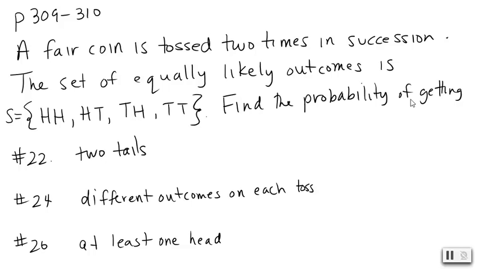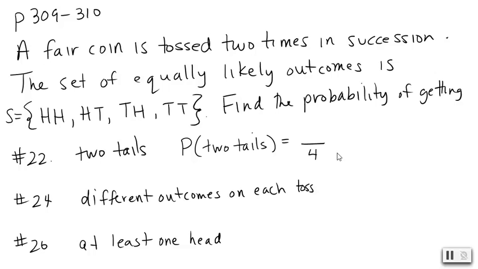The first one says, find the probability of getting 2 tails. So the way we would denote that is P, and then we would describe the event, 2 tails. Recall our definition. The denominator is the number of equally likely outcomes in the sample space. There are 1, 2, 3, 4 outcomes, or remember we counted that up by fundamental counting, so the denominator is 4 before we reduce.